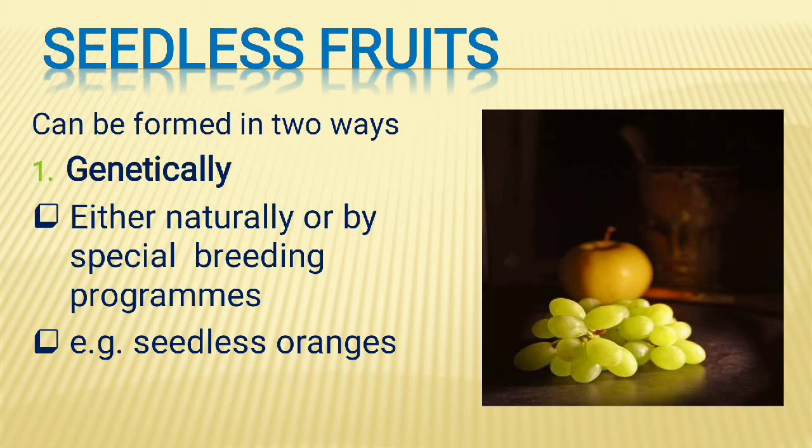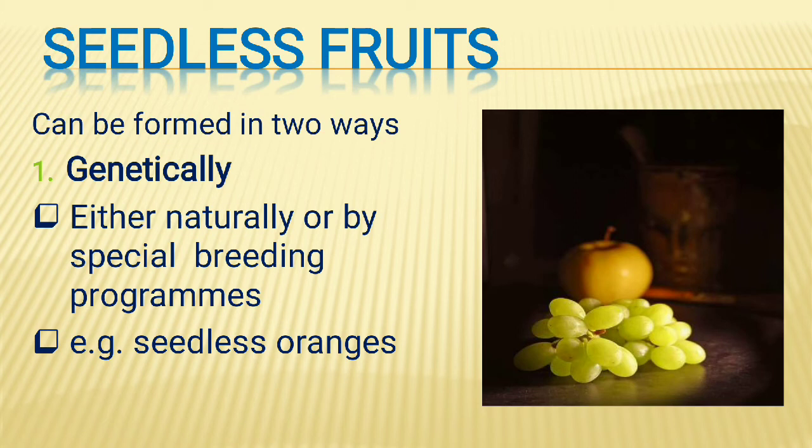Genetically, either naturally or by special breeding programs we can bring about seedless fruit formation. Naturally, like when they undergo parthenocarpy, the fruits don't contain any seeds. Or genetically, if we remove or manipulate the genes which help to form the seeds, then the seeds are not formed.